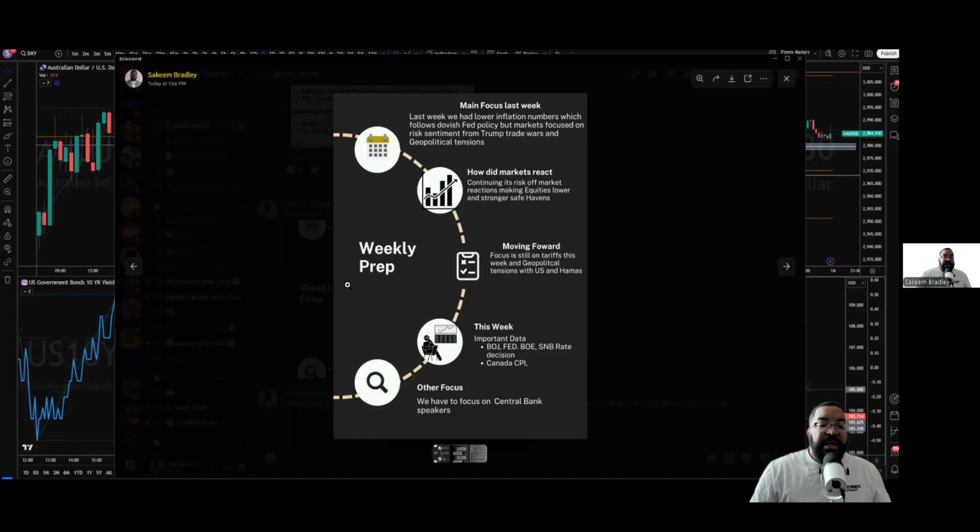But since we've been focusing on risk sentiment, Trump trade wars, geopolitical tensions, every single day since he came in office, we had talks on trade wars, right? Last week, the most important part was that they finally added Europe, right? Talking about putting tariffs on Europe, Europe wine, Europe liquor.